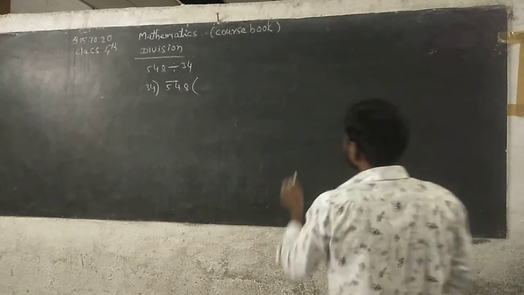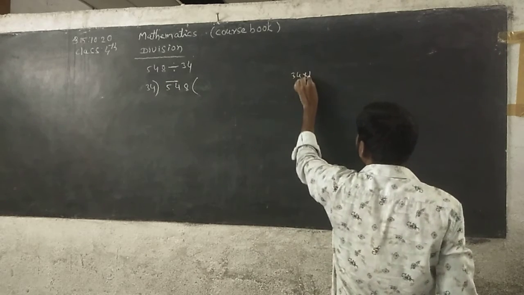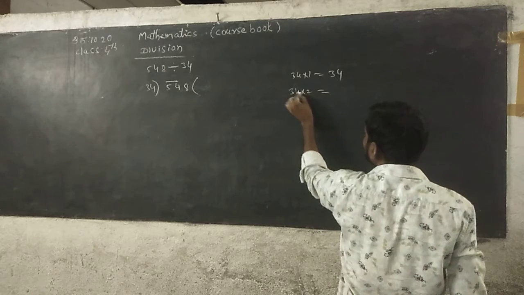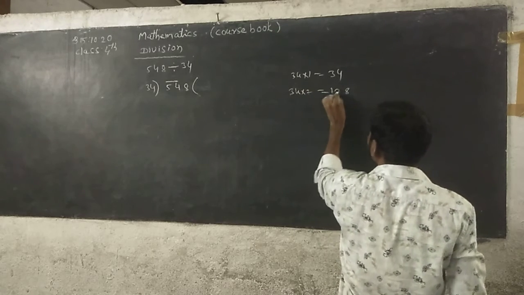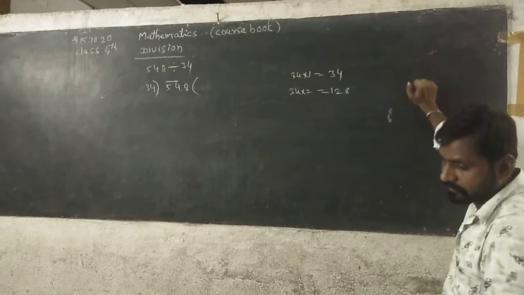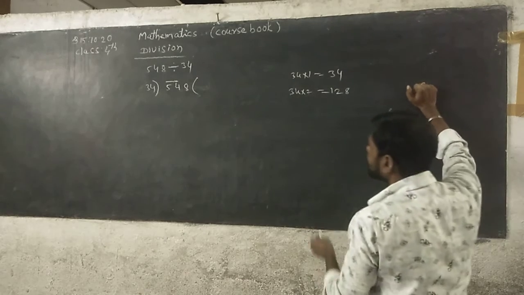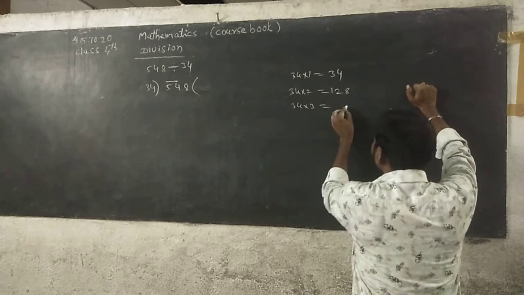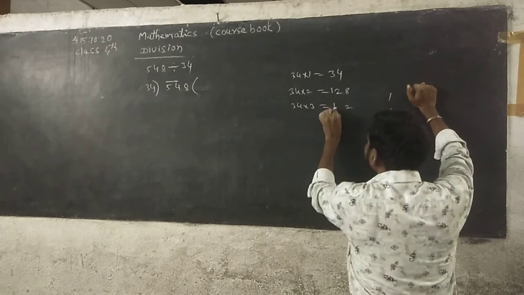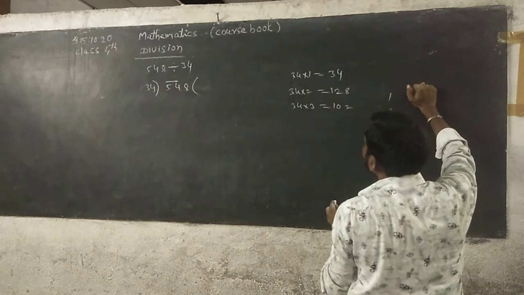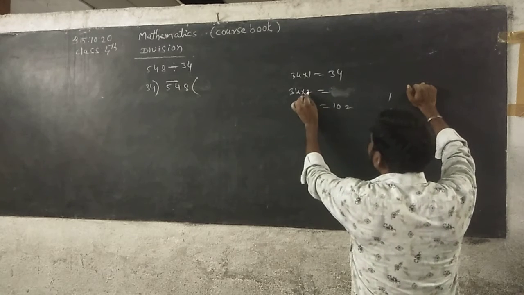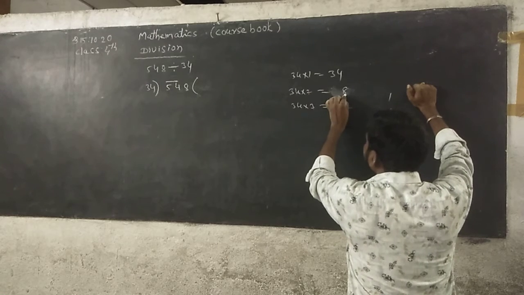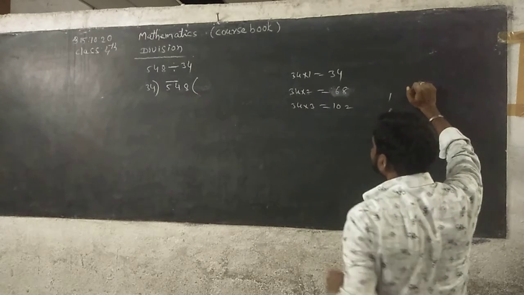So here write down 34 ones are 34, 34 twos are, see, 2 4s are 8, 2 3s are 6, 68.